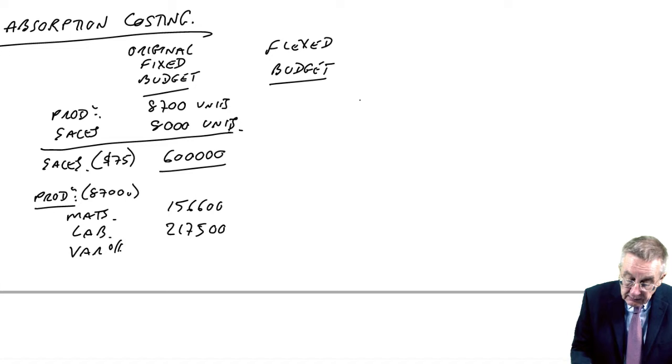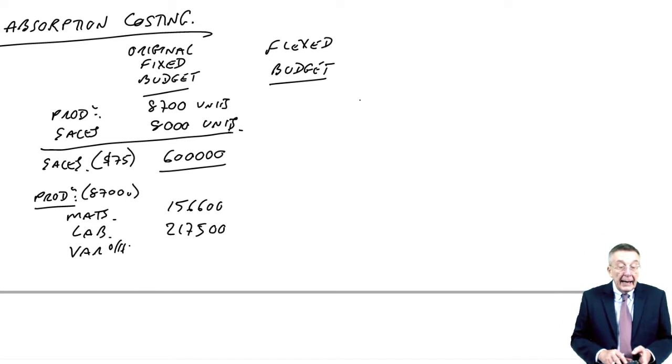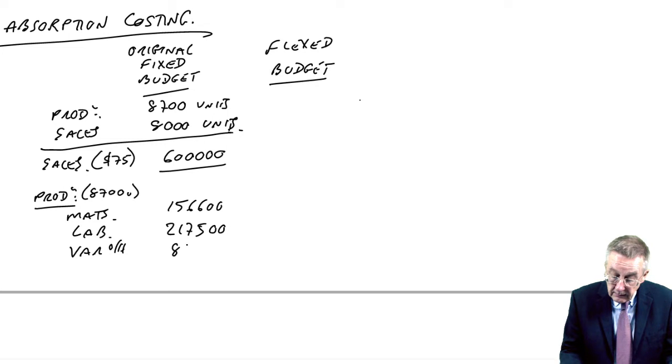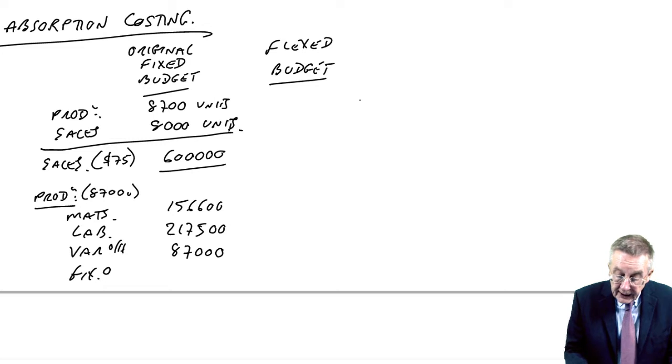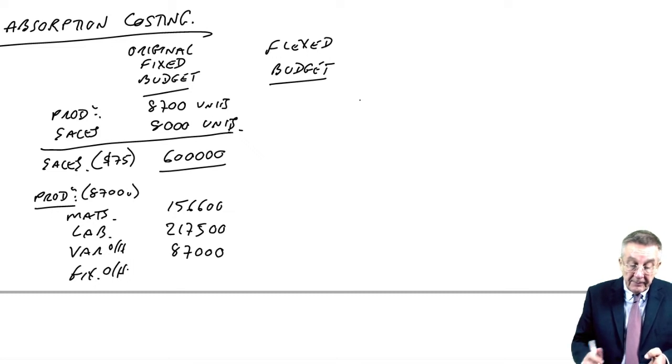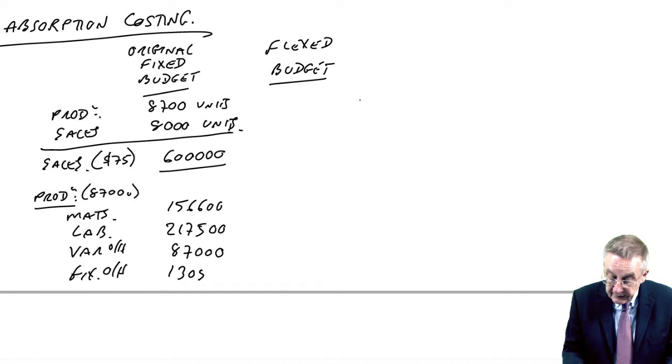Variable overheads, $10 a unit, so 8,700 units is 87,000. And finally, fixed overheads, $15 a unit, so 8,700 at 15 is 130,500.